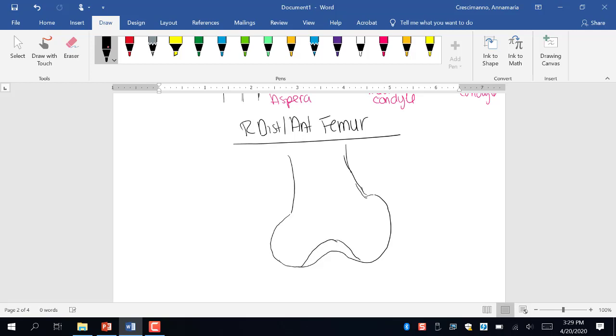Okay, so if this is a right femur, but we're looking at it anteriorly, what you are seeing here is the lateral epicondyle, and the medial epicondyle.